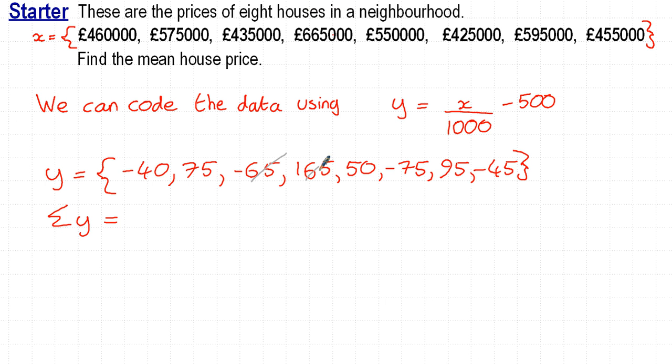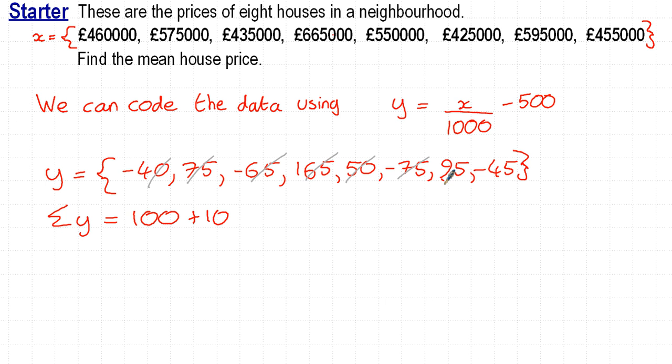Note that those two together give 100. I can put that in there. Note that these two together give 0, so that's quite easy to add up. These two together give 10, so let's add 10 there.